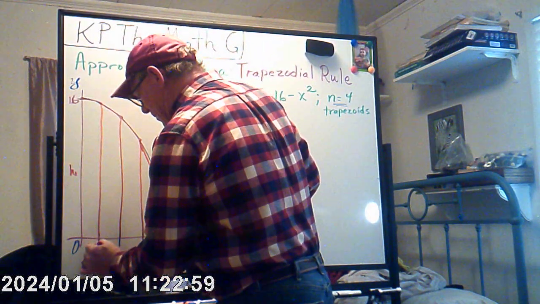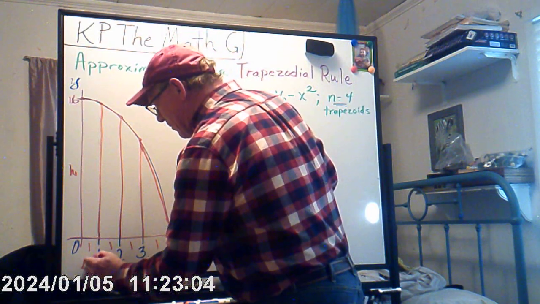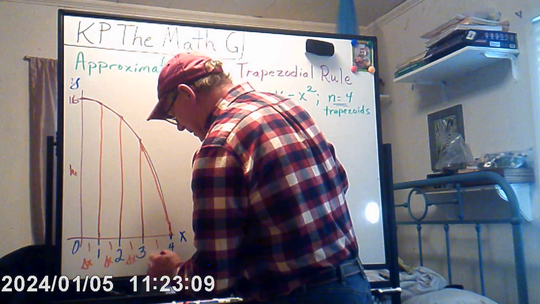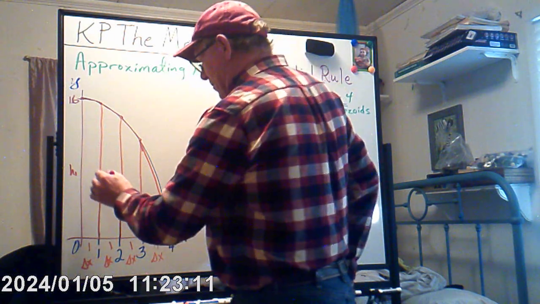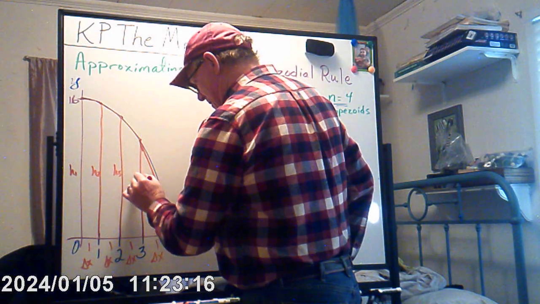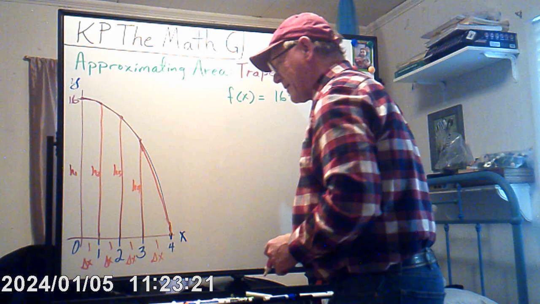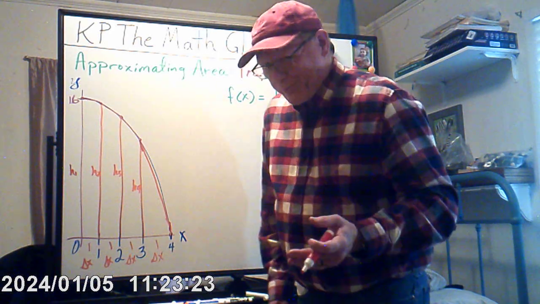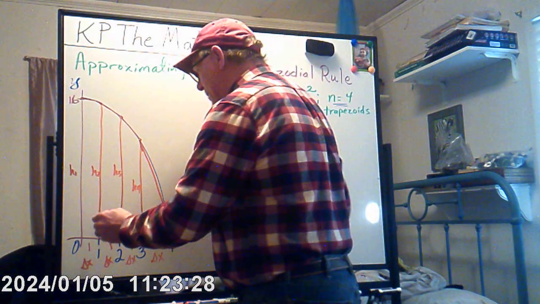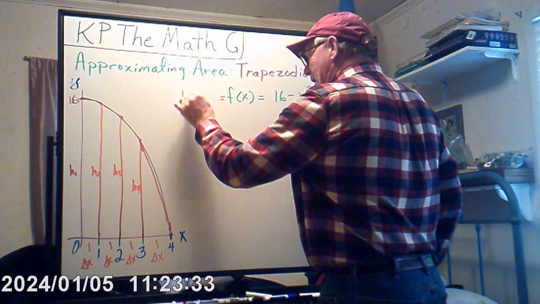We know this is 1 unit, and so is this one, and so is this one, and so is this one. Each one of these delta x's is equal to 1. Now this is height 1, height 2, height 3, and height 4, the 4th height right there. Let's take a look at this. A height, by the way, we talked about in our last video, is actually equal to the height.